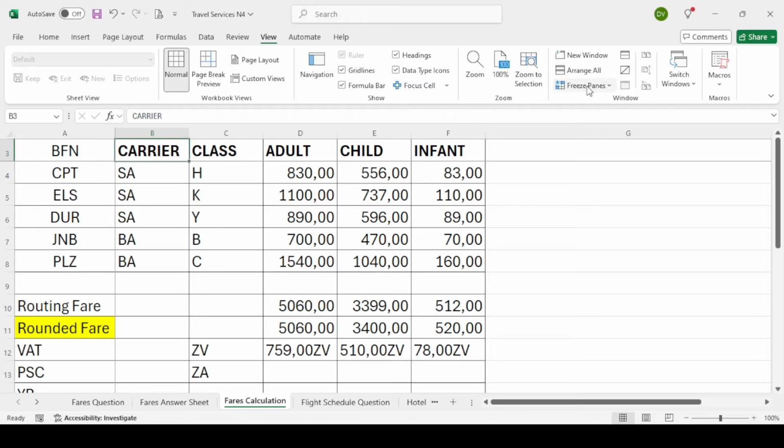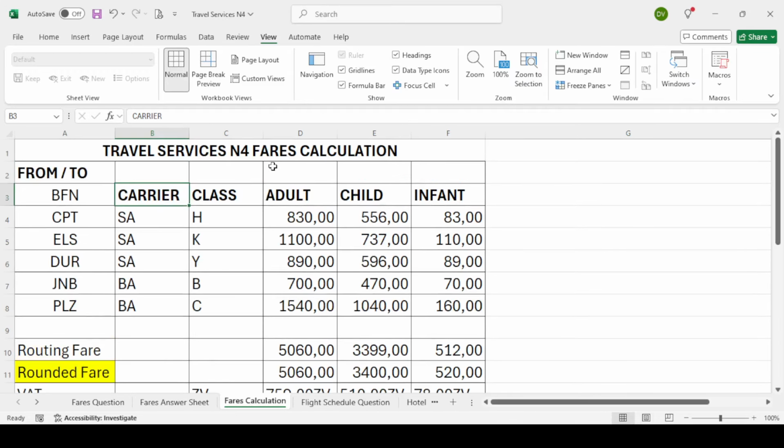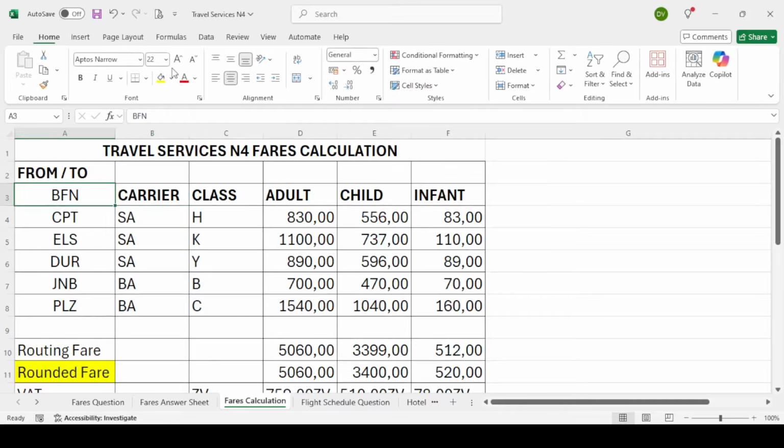I always encourage my students to write the PSC charge next to the city because this eliminates room for making mistakes, and you can be sure that you've added the PSC to all the relevant departure cities, and it just helps to be more accurate. So for Bloemfontein, my PSC is 47 Rand.